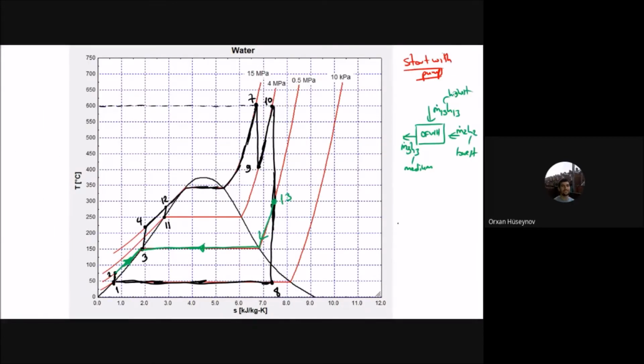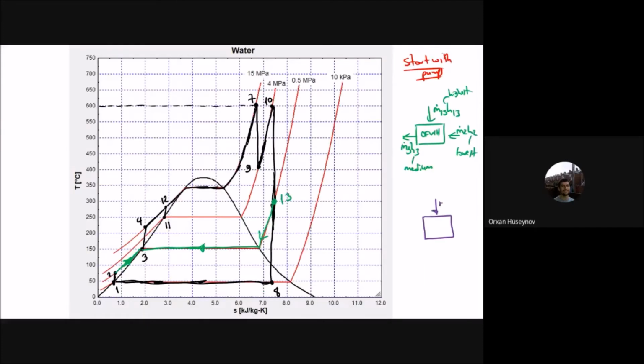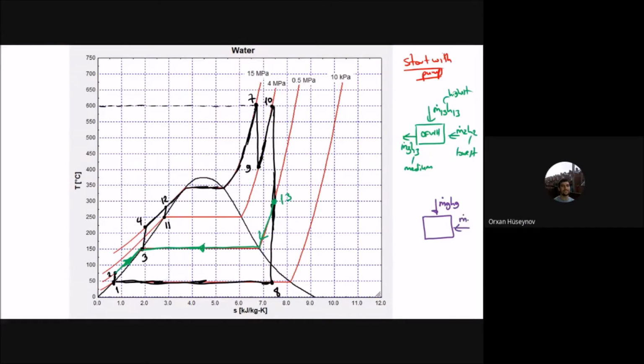I will have this closed feed water heater, and for that closed feed water heater I have the inlet which is at 9. I have m dot and h9, and then you have also m dot 4 h4, and here you have m dot 5 h5, and also you have that m dot 11 h11.